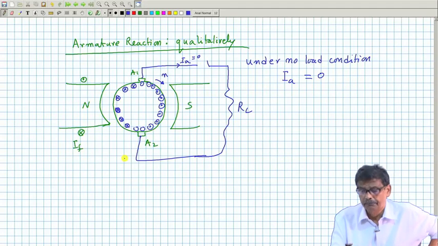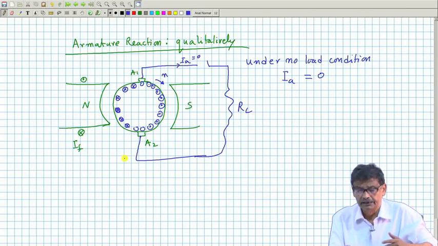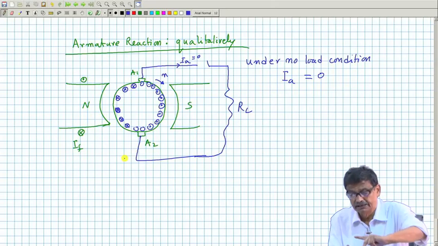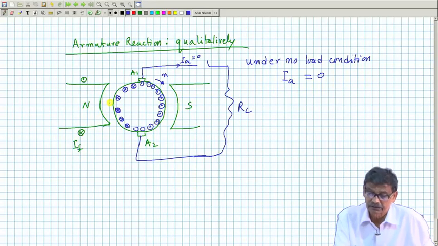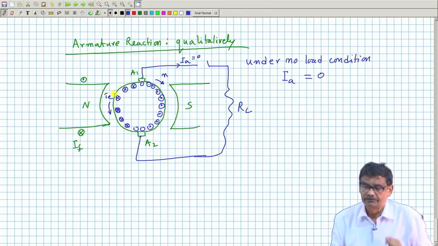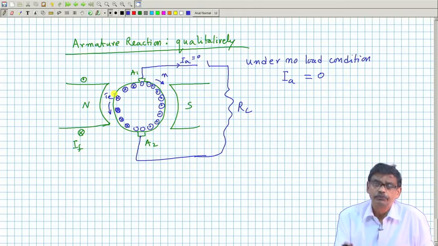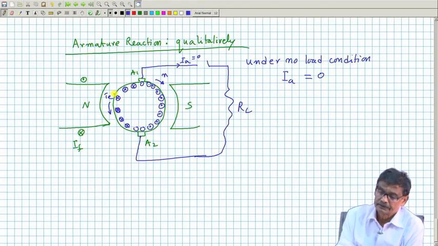It will be so because the electromagnetic torque T_E will be in this direction if you apply the left hand rule.